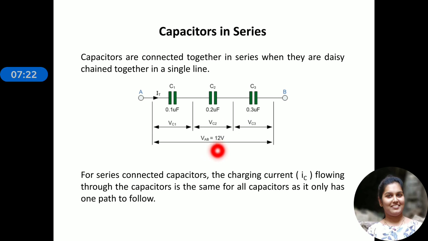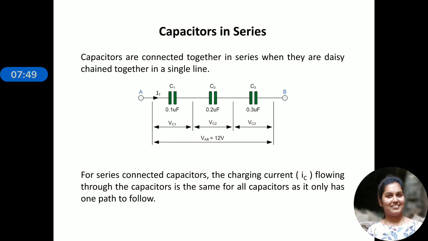So in the series circuit, the right hand plate of the capacitor C1 is connected to the left hand plate of the second capacitor, C2, whose right hand plate is connected to the left hand plate of the third capacitor C3. Then this series connection means that in a DC connected circuit, a capacitor C2 is effectively isolated from the circuit.